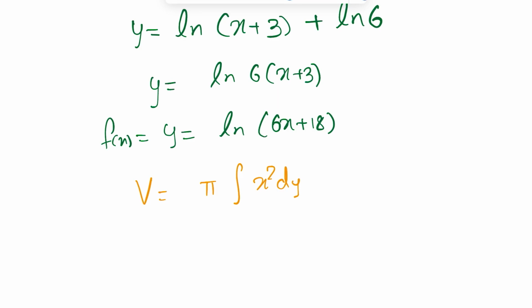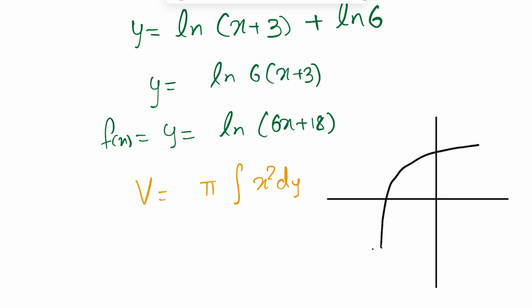I draw the x-axis and y-axis, and I take 6x plus 18. Now I get this, which is ln of 6x plus 18. So this particular region is rotated about the y-axis.